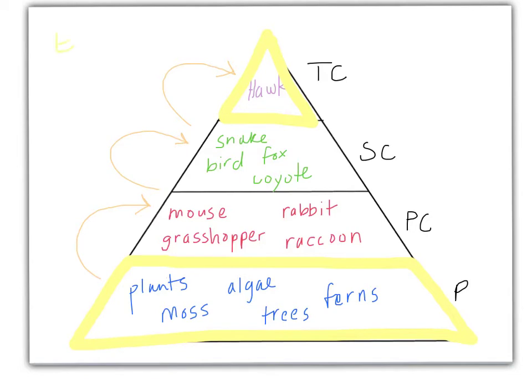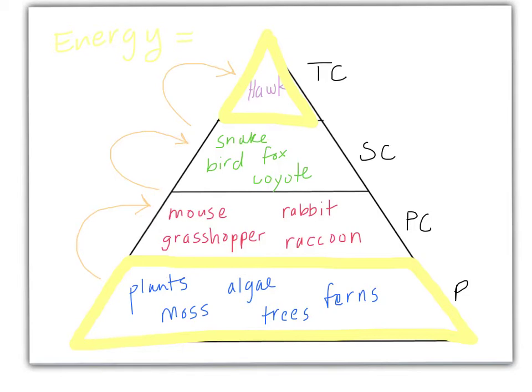So each level on an energy pyramid, its size equals the energy. So in other words, our producers down here have the most energy available to them because they can get energy directly from the sun. And when they get eaten by the primary consumers, their energy level is already depleted because those plants have used that energy for growing, for photosynthesis, for reproduction, all of those things.